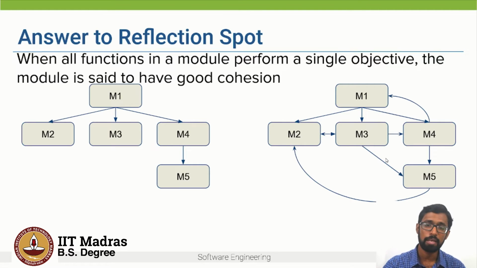The reason being, there might be some functionalities required by M3 in M2, some other functionalities in M5, and so on. So if all these functionalities were brought together into M3, then M3 would not have to depend on the other modules. And hence, in this case, M3 is a good cohesive module.